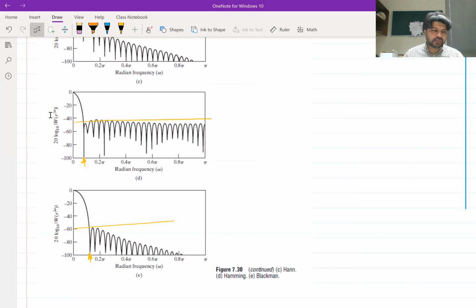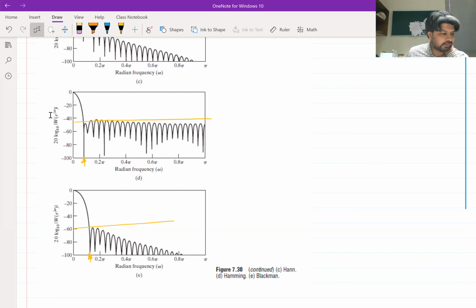Another window which is very important is the Kaiser window. Okay, the Kaiser window has a complicated looking function. It involves the Bessel function, and typically the Kaiser window is better than these windows. It is used a lot. So I would recommend you go through this at least.